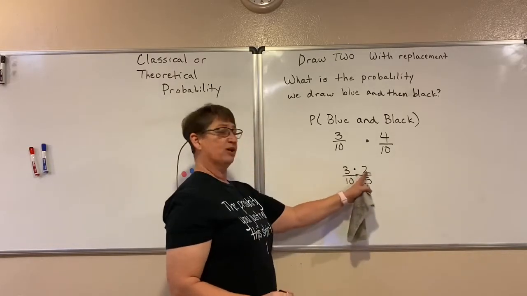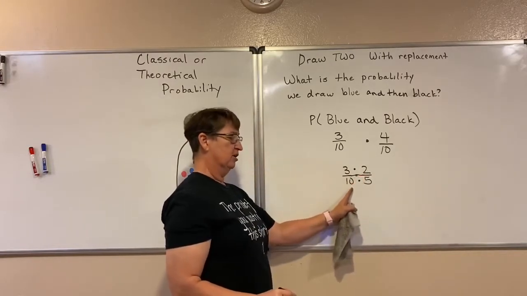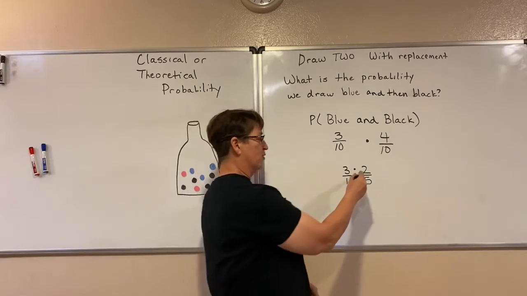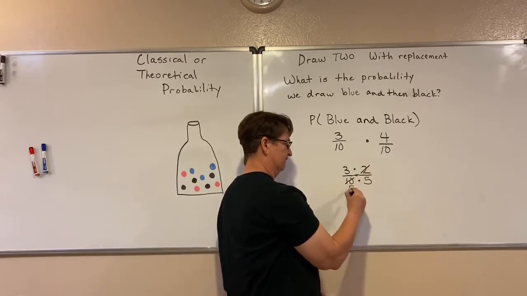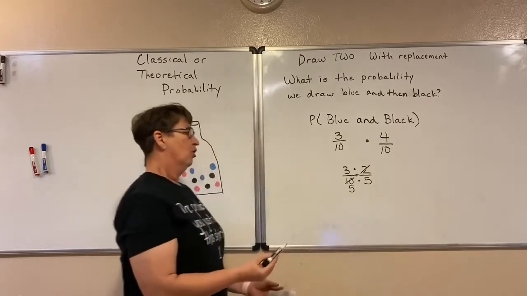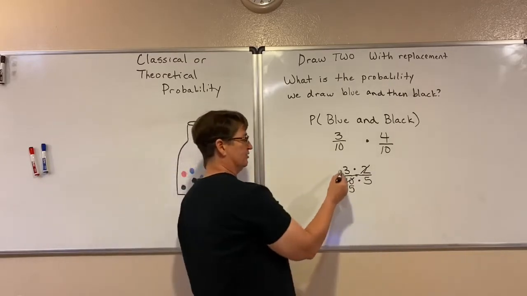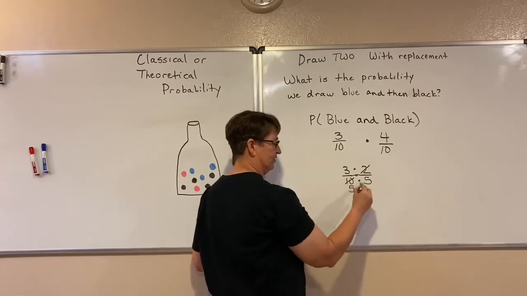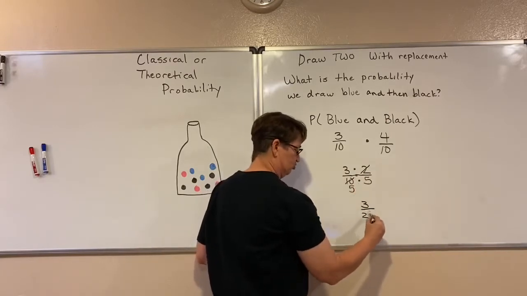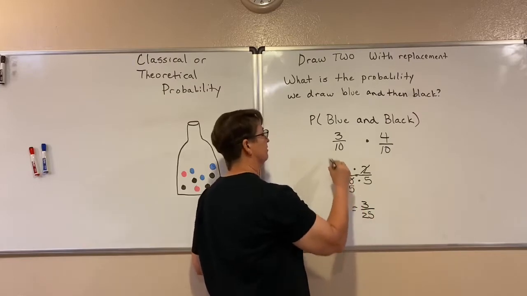Well, there's a 2 on top here and a 10 on bottom there. So they both have a factor of 2. So 2 goes into 10 5 times. And so on top, I'm just left with 3 times 1, which is 3, and 5 times 5, which is 25. There it is in its simplest form.